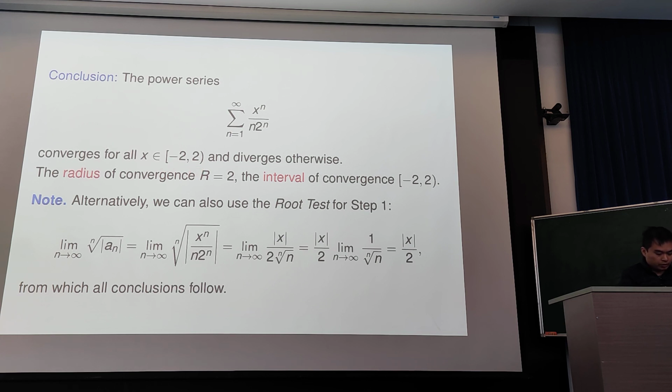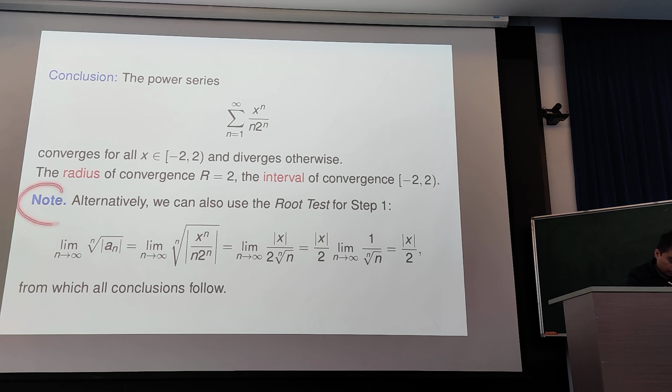And the radius of convergence is r equal to 2. That is an example of how to find the radius of convergence and the interval of convergence.